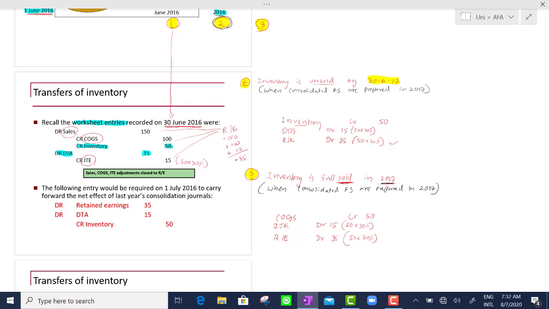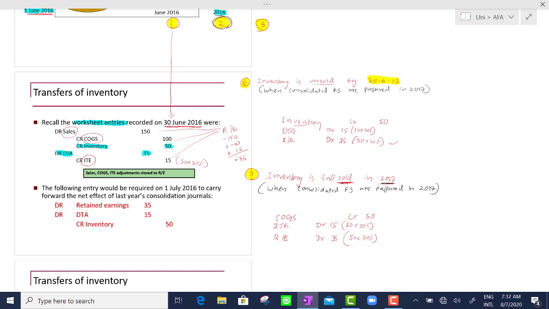And I am again emphasizing that this approach uses preparation of all components of consolidated financial statements, not the SOFP first, then the income statement. It is not like that. We prepare everything together, right?